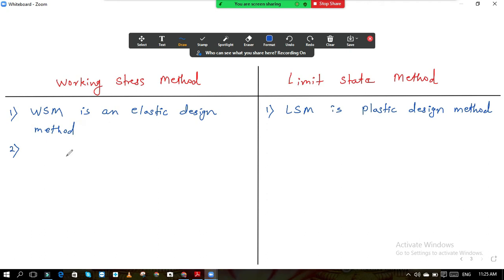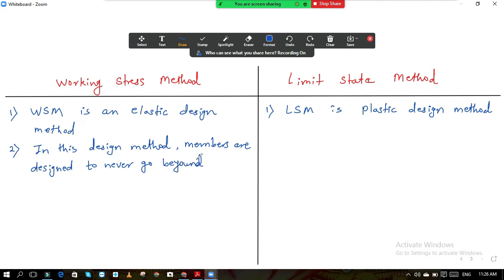So in this design method, members are designed to never go beyond their elastic limit.